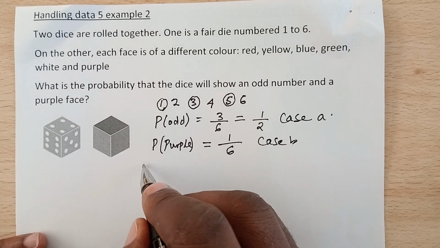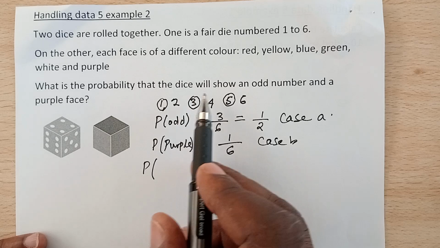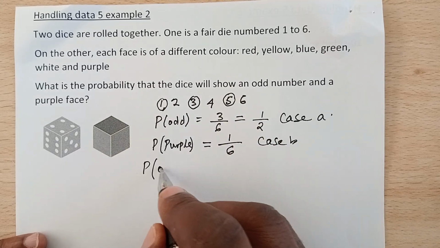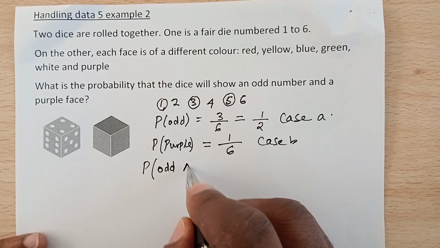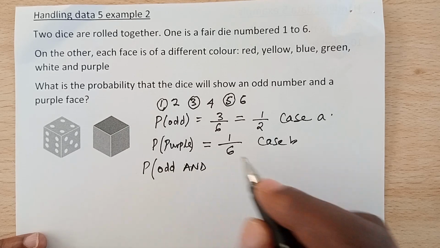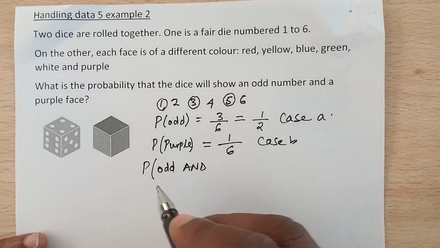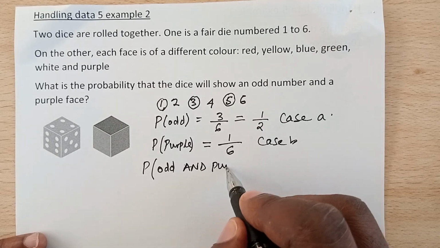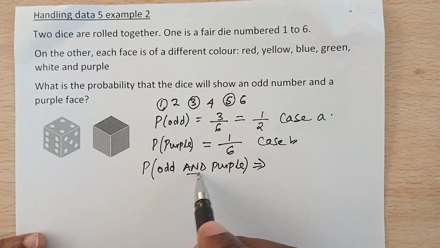So the probability that the dice will show an odd number and the other one showing a purple face, and the key word here is and, which we have understood in the previous slides. And means multiplication.